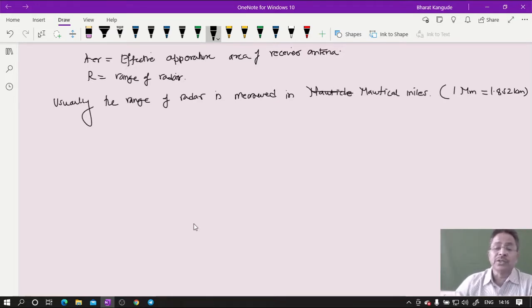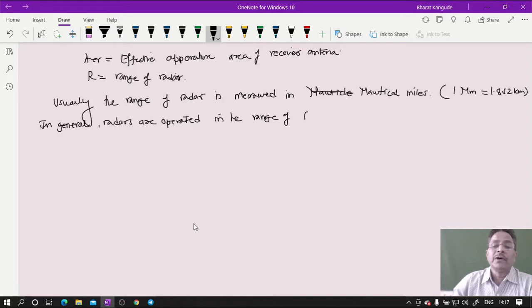Okay. In general, last thing here. In general, radars are operated in the range of frequencies.